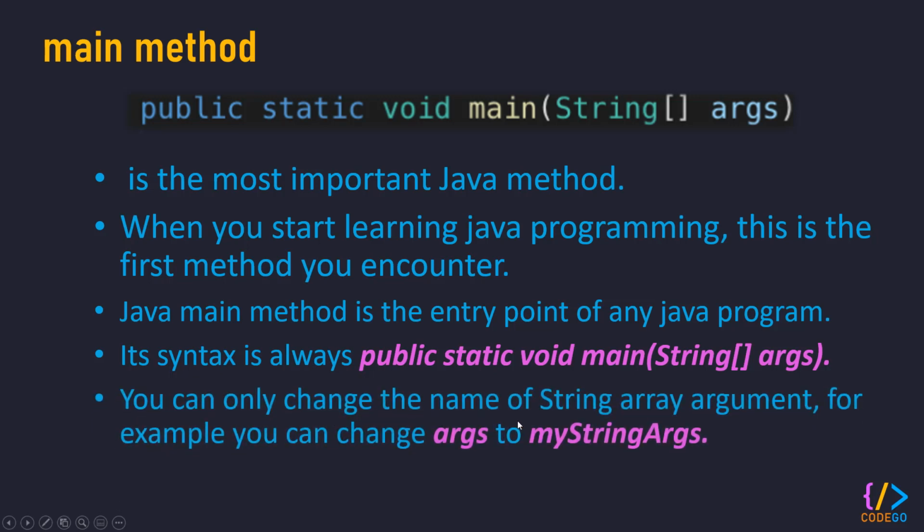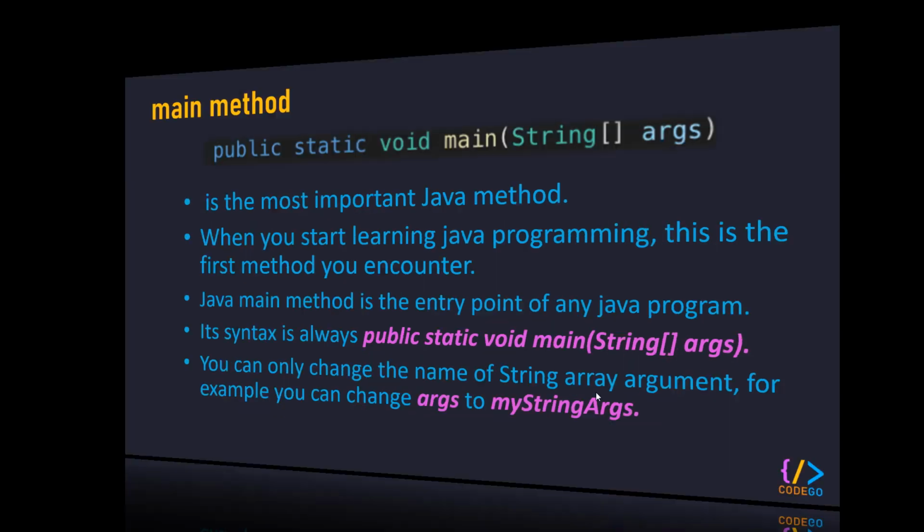You can only change the name of the string array argument. For example, you can change args to myStringArgs. Ang pwede lang po nating palitan sa ating main method is yung arguments po natin, or yung args po natin. Okay? Itong si public static void main string is a default syntax. Hindi po natin siya pwedeng palitan. Ang pwede po nating palitan is itong args or argument po natin.